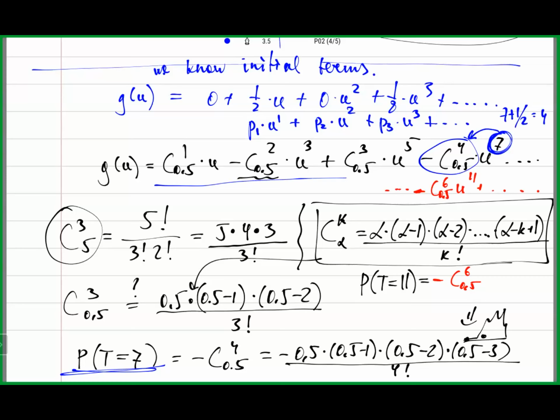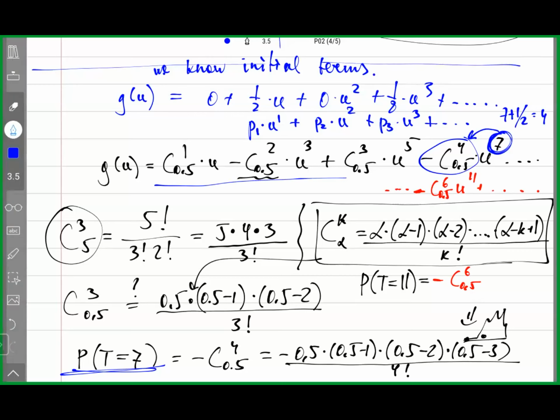Because why do I need to divide by 2? Because the power of u goes by 2 every step, and the superscript of binomial coefficient increases by 1. Hence, I need to divide by 2, but to be more precise, plus 1 divided by 2.